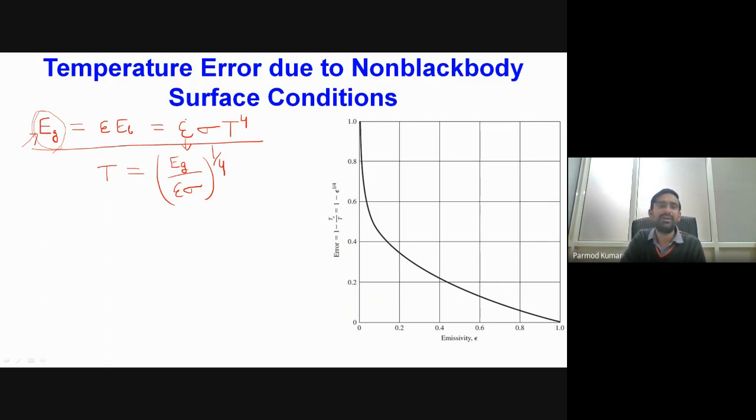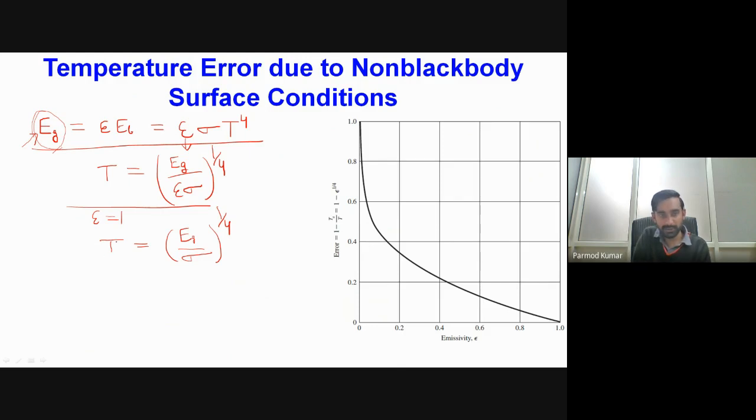Because of that, many times we consider the surface for which we want to measure the temperature as nothing but a black body. Okay, if we consider it as a black body, our epsilon value will be 1 and our temperature will be equal to Eg, whatever radiation we were getting, divided by sigma raised to power 1 by 4, because we are considering the value of epsilon as unity.